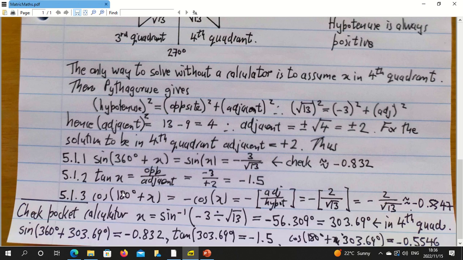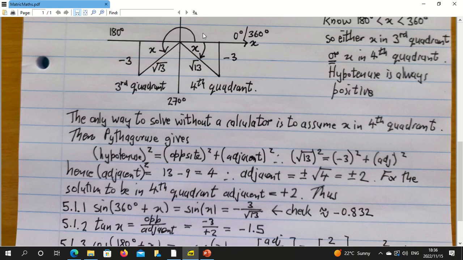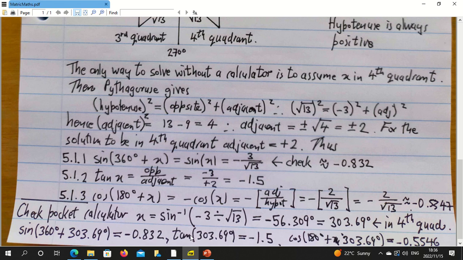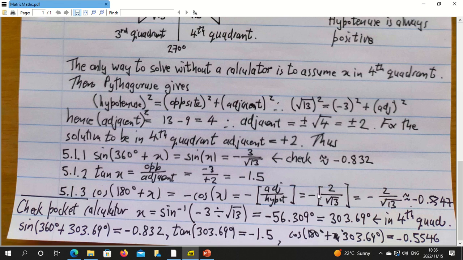And cos of 180 plus x is always, by our trig rules, minus cos of x, which we don't need a calculator for. Cos is adjacent over the hypotenuse, so the adjacent is 2, the hypotenuse is root 13, and it would be the negative of that, minus 2 over root 13. And these are the answers. And then if you check with the calculator, you get exactly the same answer.